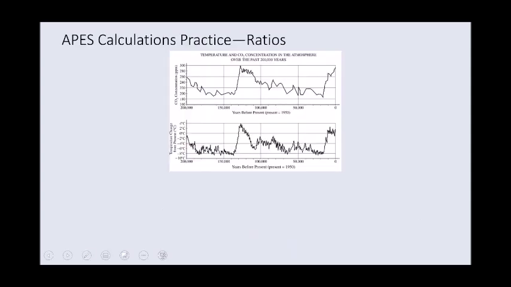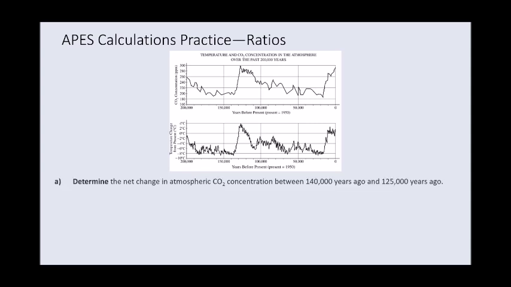This first question is testing your ability to read a graph and then to create ratios between the 2 types of things that are displayed in the graph. So let's see what they want us to do. A, determine the net change in atmospheric CO2 concentration between 140,000 years ago and 125,000 years ago.